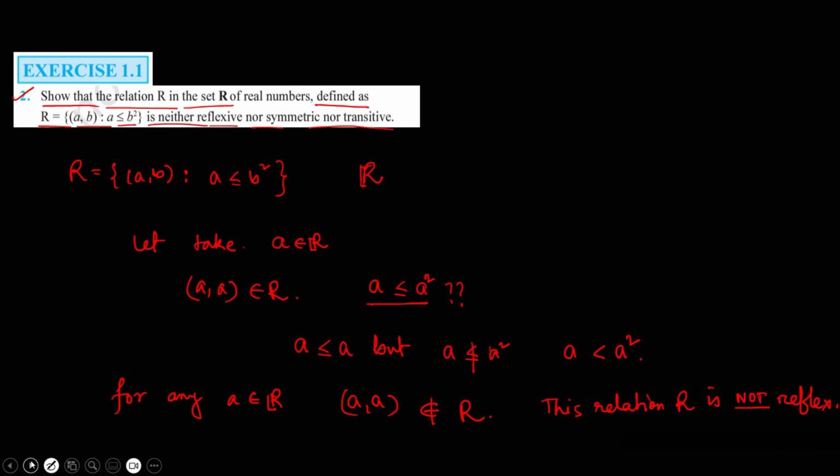Now to show R is not symmetric, we will give a counter example. Let A equal to 1 and B equal to 2. So (A, B), that means (1, 2), is in R because 1 is less than or equal to 4, that is 2 square.